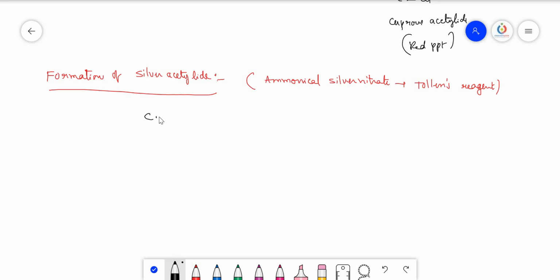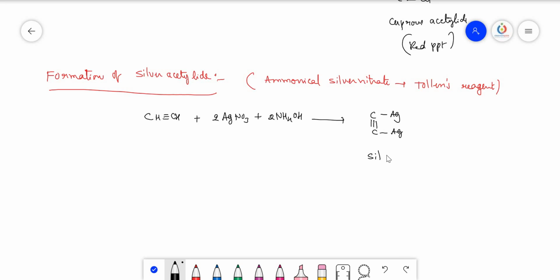So you take CH triple bond CH, acetylene, and react it with 2 moles of AgNO3 in the presence of ammonium hydroxide, which is called ammoniacal silver nitrate, so that they give C triple bond C with silver on both ends.